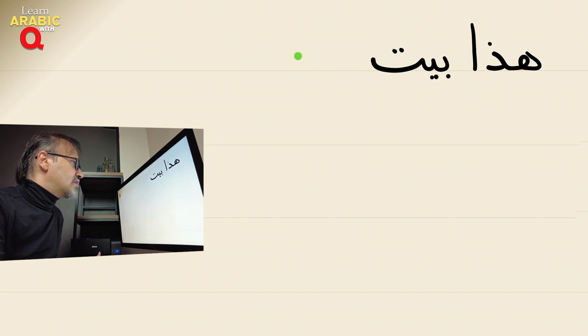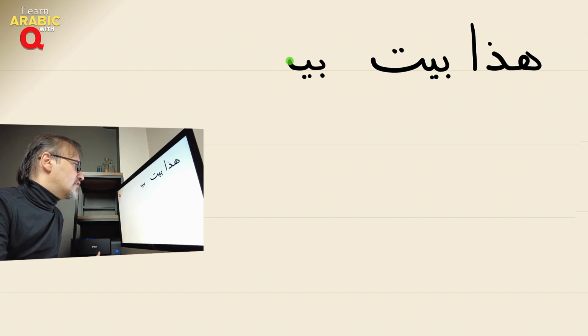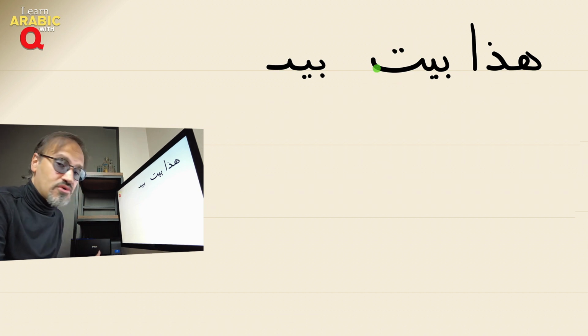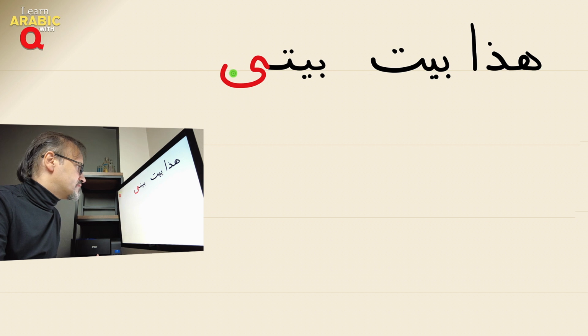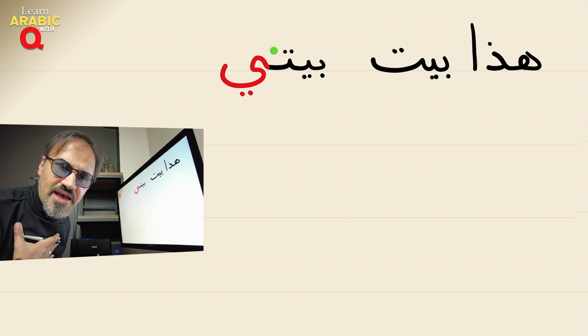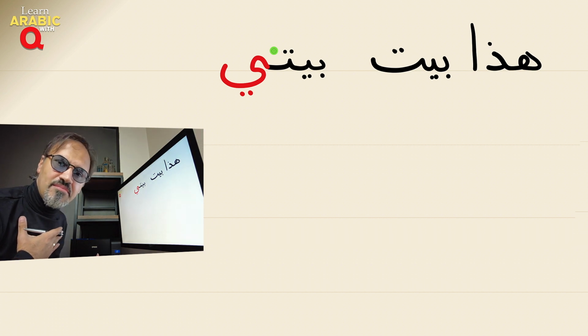So you can see here we added a ye to بيت. Now here the t is no longer going to come in the boat shape because it's not the ending form anymore. The ending letter is the ye. So this is bait, and here we add the ye. Beiti, my house.